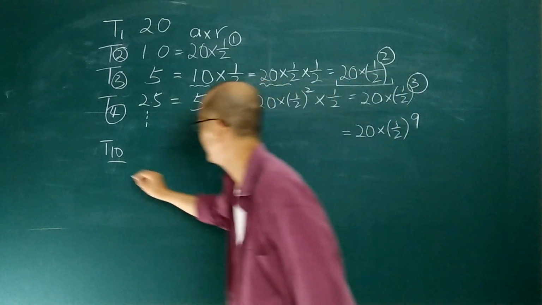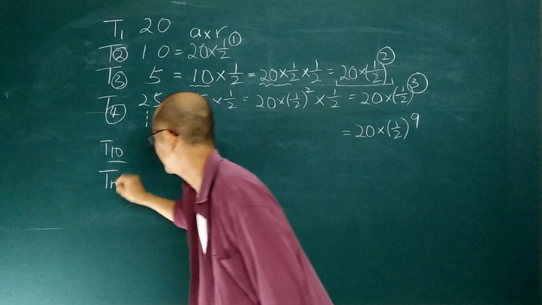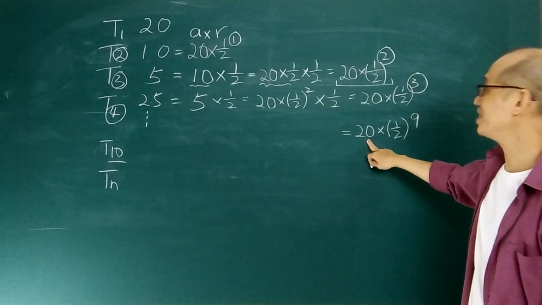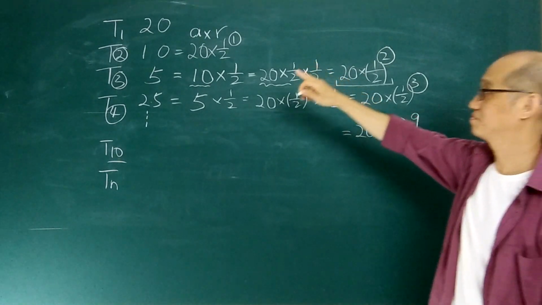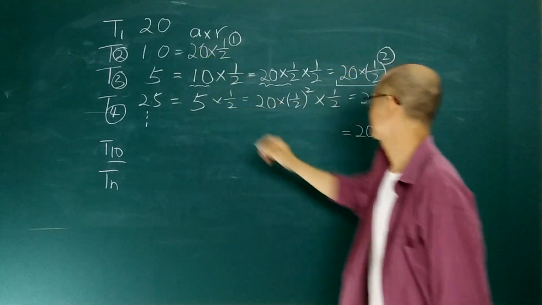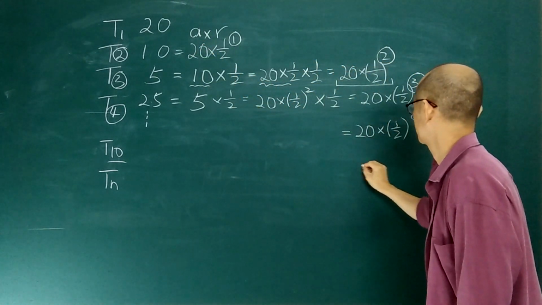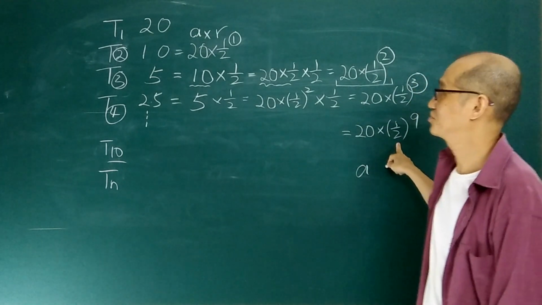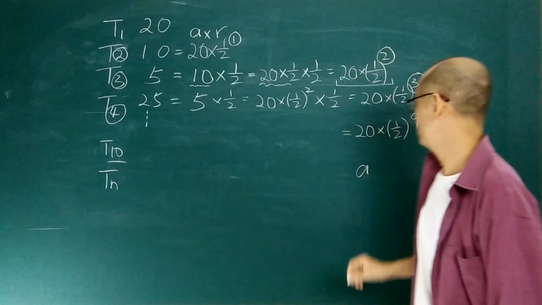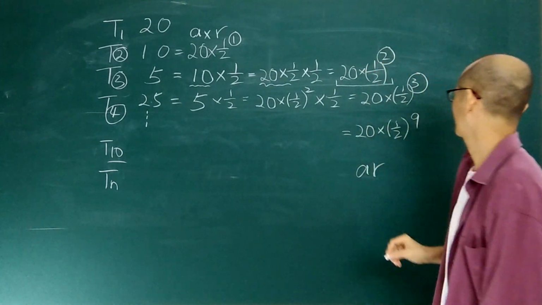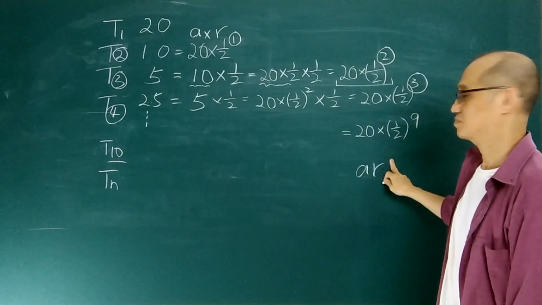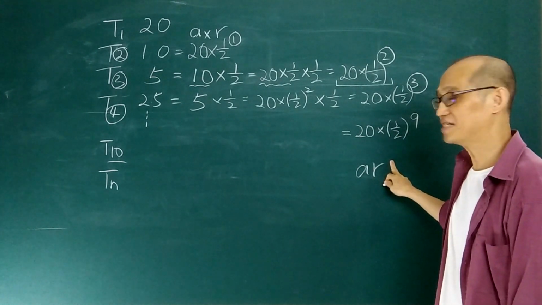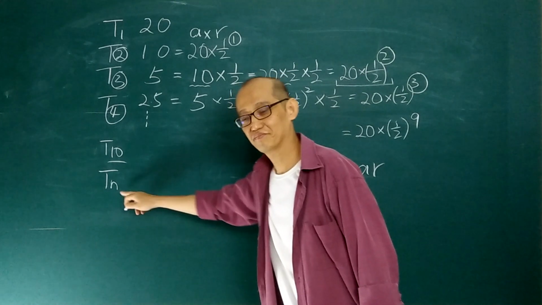And if we want to find Tn, Tn is going to be, now 20 is the first term, A, and 1 over 2 is the common ratio, to the power of, this number should be 1 less than the number here.